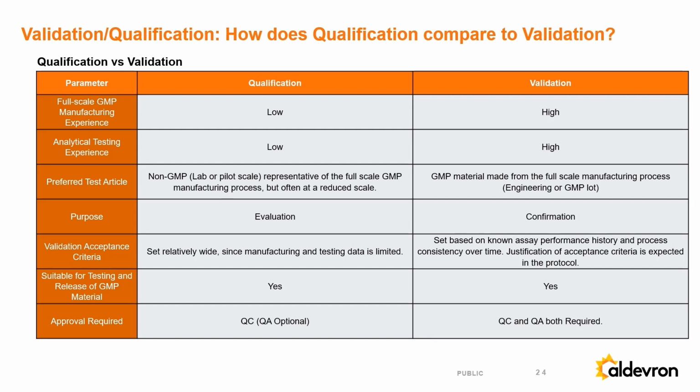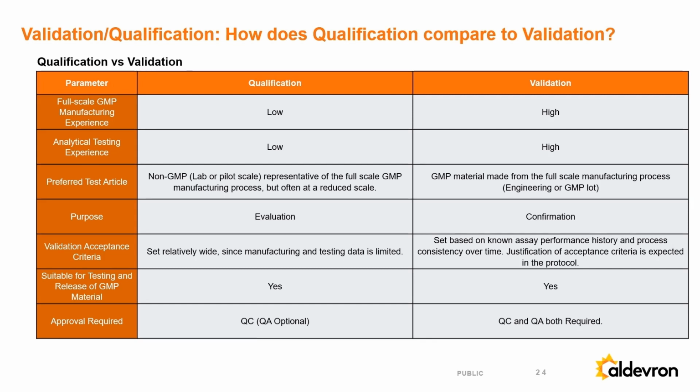The answer is a qualified method, of course, is acceptable to release GMP material. And so when we perform qualifications, we are still adhering to ICH. It might perhaps be an abbreviated qualification where we're not looking at all of the ICH parameters, for example, but we still are in line with industry when it comes to qualifications.